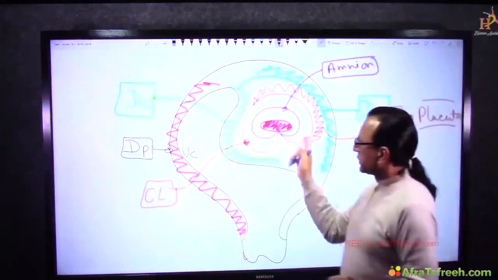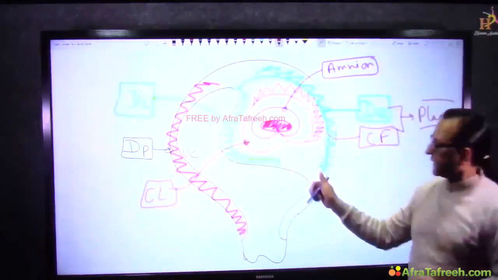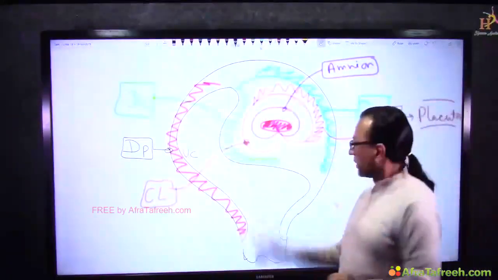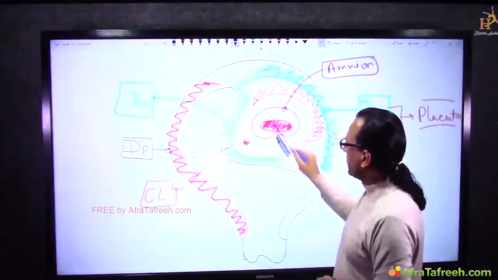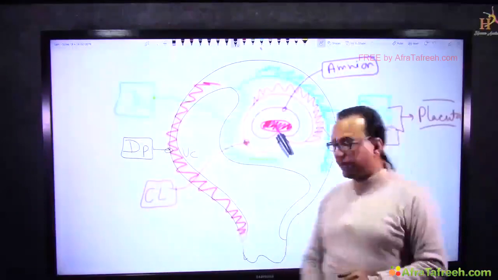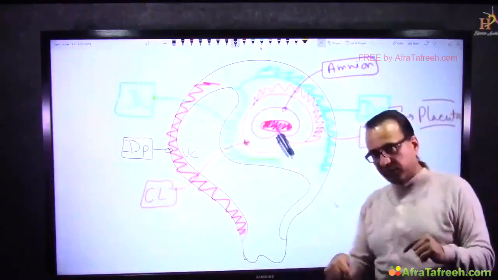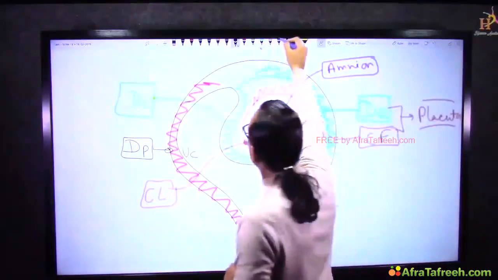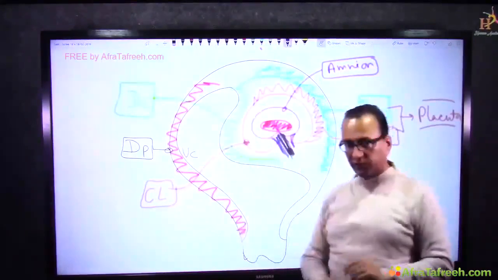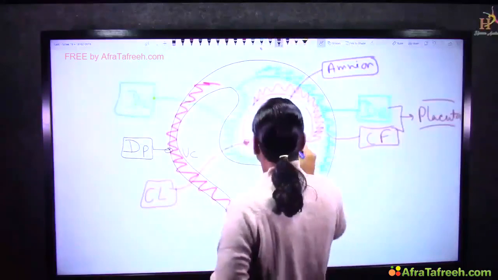Understand that this amnion, which is lining the amniotic cavity, is continuous on the umbilical cord also. So you can notice this will be the umbilical cord, which is basically connecting the baby with the placenta, and on that is also a covering of the amnion. So amnion is going to cover the umbilical cord for some time, but beyond that it will be covered by the chorion.